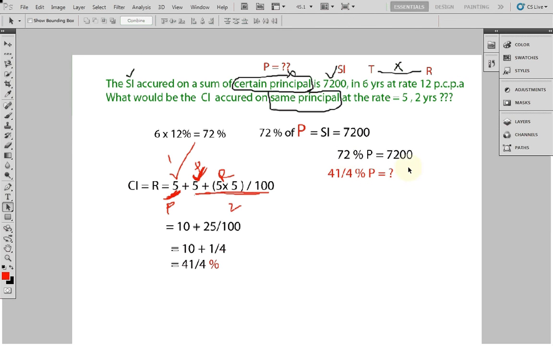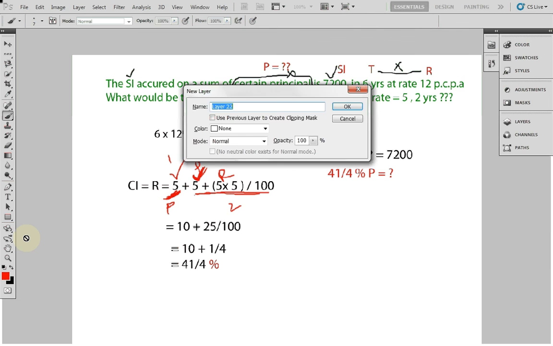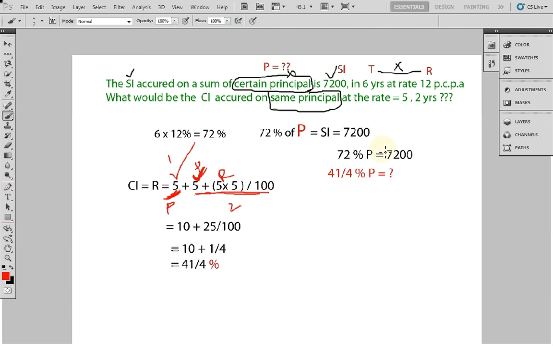This is for simple interest, we already know that. This is simple interest, this is compound interest. If 72% of P equals 7200, what will be 41 by 4 percentage of P?